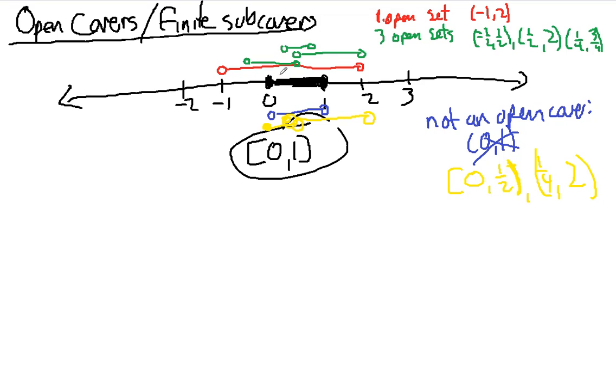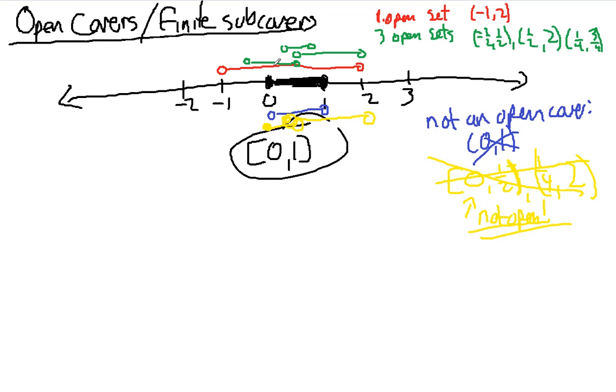Look, all the black is covered by this. The problem is it's not open. This is not open. So it's not an open cover, so I can't use this one either. So those are some examples of open covers and a couple non-examples of open covers.